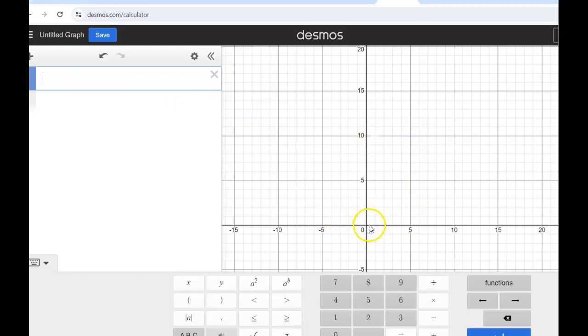So this lesson is going to allow students to be able to differentiate between different types of functions and conic sections. The two types of conic sections that will be graphed in this lesson are quadratic equations, which graph parabolas, as well as circles.